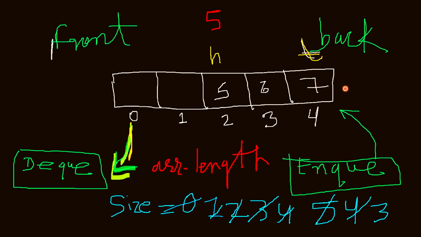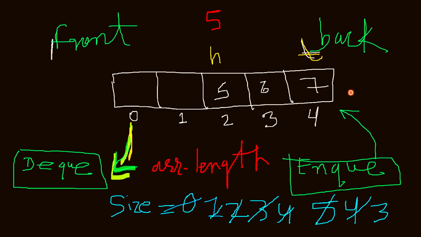Even though index 0 and index 1 are already empty, you are not able to insert a new element, because after 4 there is no other index like 5 or 6. So there is a restriction in a static array, but there is also a solution to overcome this issue.